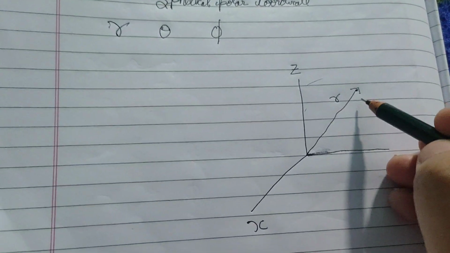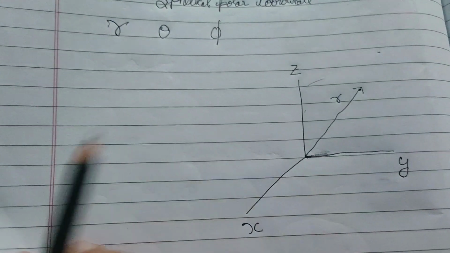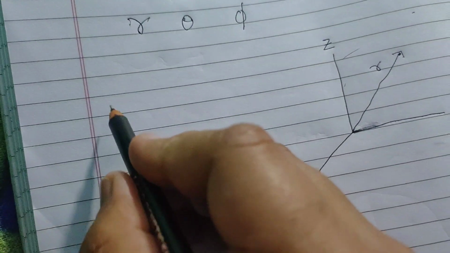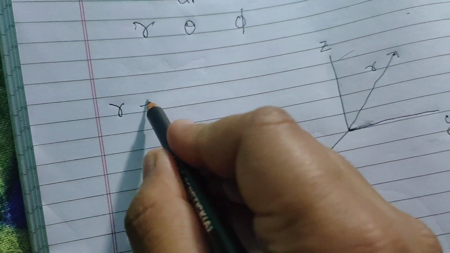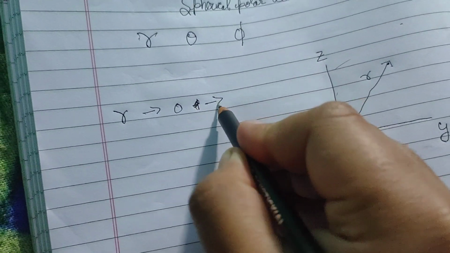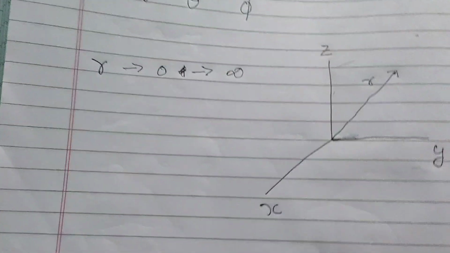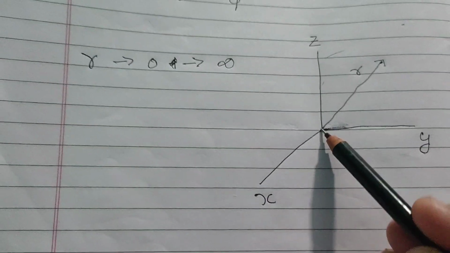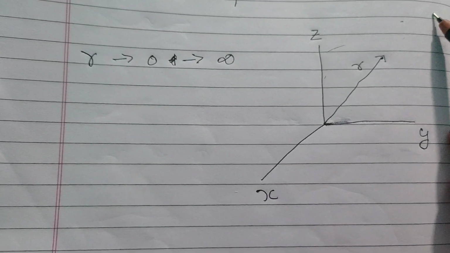R can go up to infinity. The limit of r is from 0 to infinity. As you know, 0 is here and it goes up to infinity.